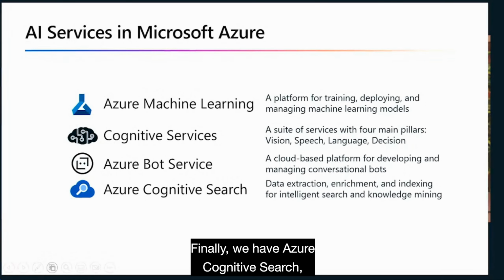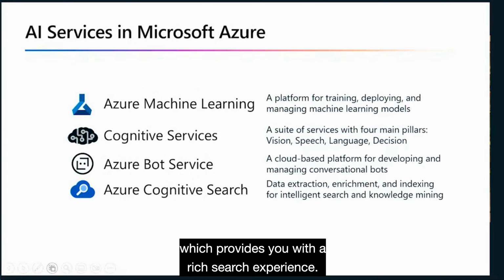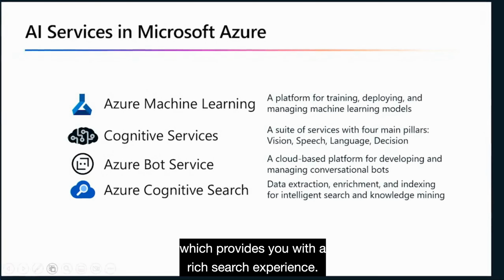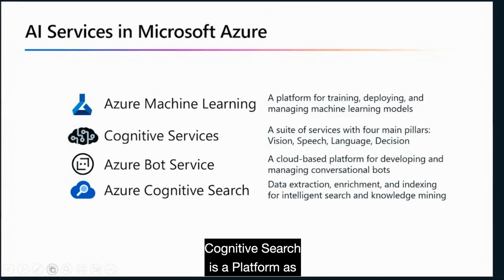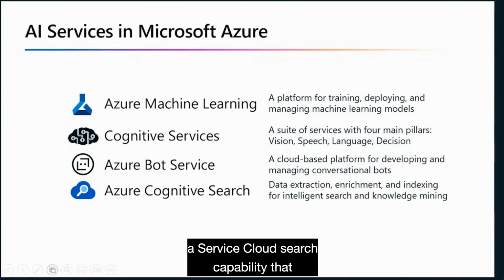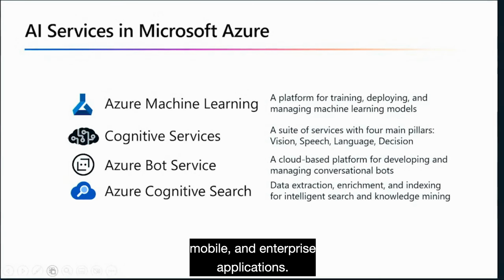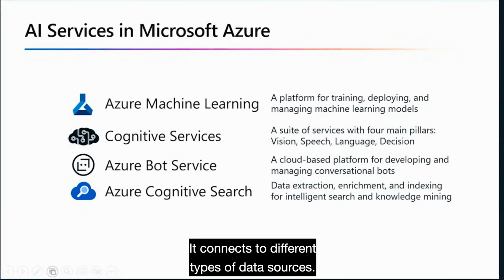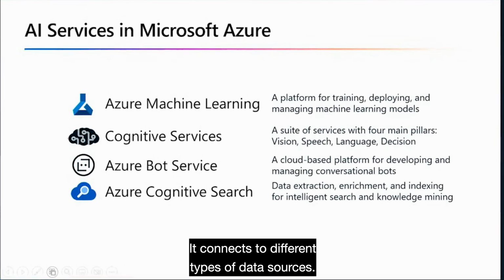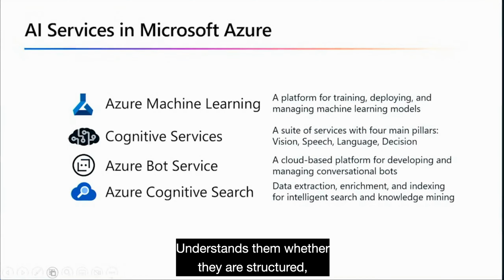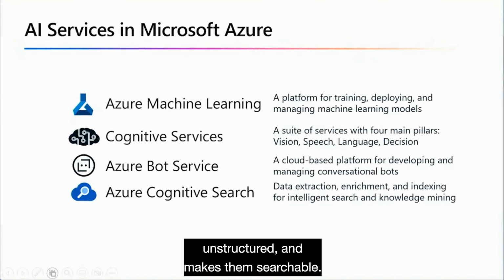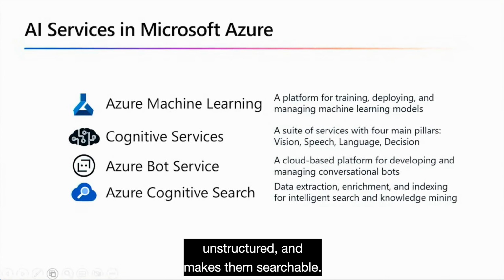Finally, we have Azure Cognitive Search, which provides you with a rich search experience. Cognitive Search is a platform as a service, cloud search capability that lets you create search-enabled web, mobile, and enterprise applications. It connects to different types of data sources, understands them, whether they are structured or unstructured, and makes them searchable.